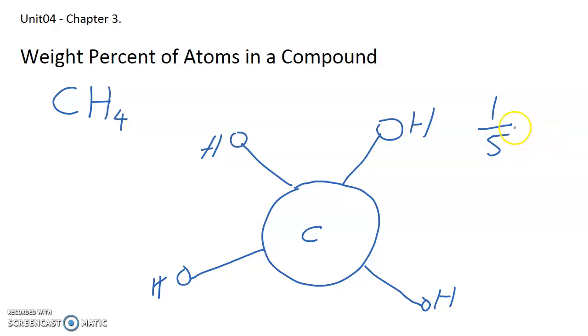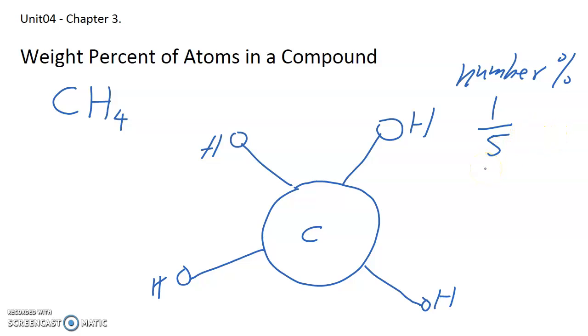So just by counting the numbers, 1 out of 5 will be carbon, and that is called the number percent. Number percent is by counting the numbers. Let's say, what is the number percent of atoms that is carbon in this molecule? It will be 1/5, that is about 20%.